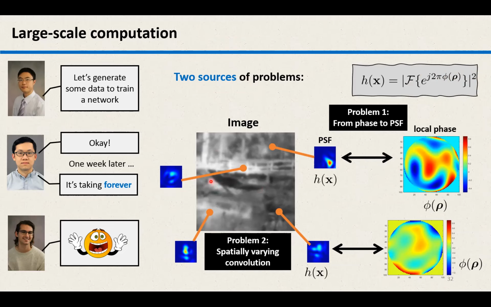Another source of problem is that you have so many pixels, and each one has a different point spread function. So now if you convolve this image with all these point spread functions, you have a spatially varying convolution, and that is also taking forever. Therefore, the combination of these two sets a very, very big bottleneck for our simulator that we need to find a way to overcome.